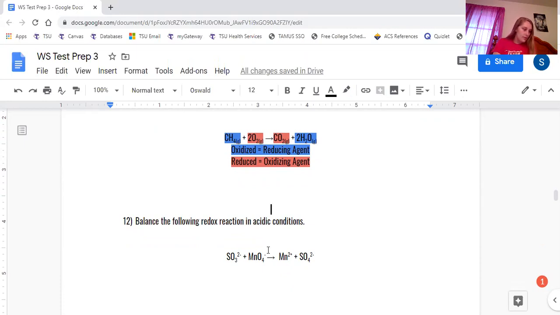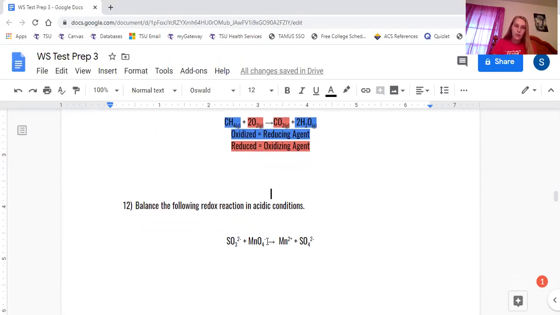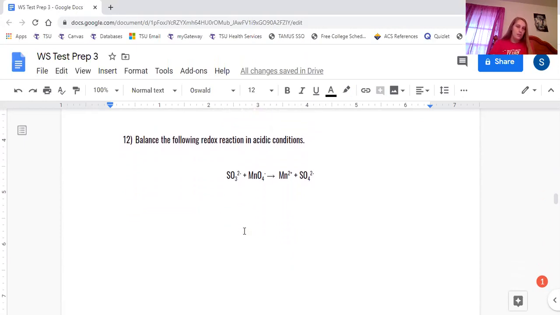All right. We're going to balance this redox reaction in acidic conditions. What we're going to do is separate it out into its two pieces. So we have sulfur and manganese as our main components here.